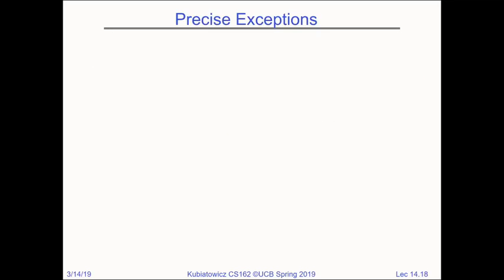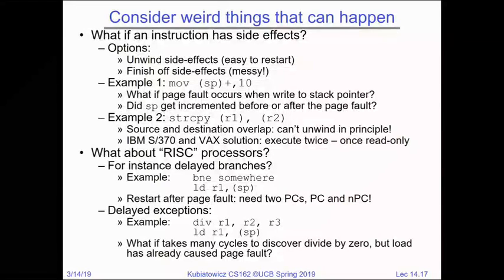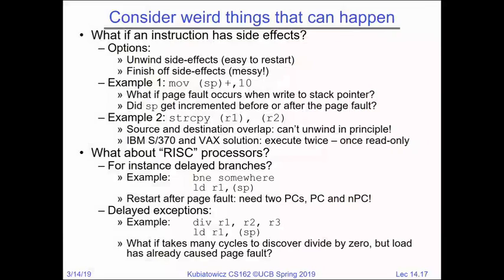Okay, so in this scenario, the reason this divide and load thing is complicated is because a modern pipeline does them out of order, starts the divide and then starts the load and then figures out later that the divide screwed up. The point is, it doesn't matter what the pipeline does. When all is said and done and the operating system takes control, if there's a precise state, the operating system is only told about the divide, no matter which one fails first.